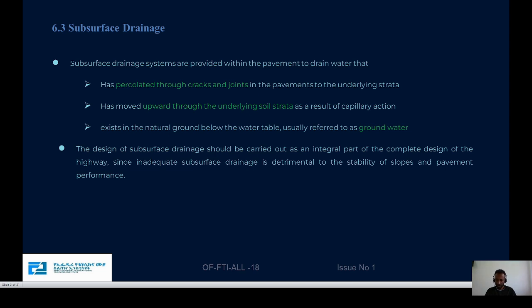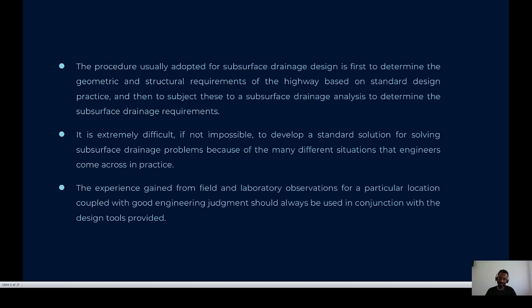If subsurface drainage is not adequately provided, the subgrades will soften and there will be a large amount of moisture, which lowers the strength of the structures.